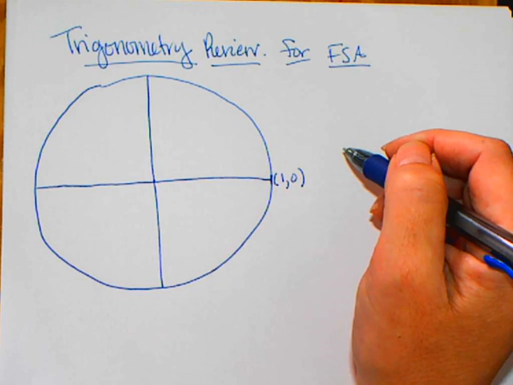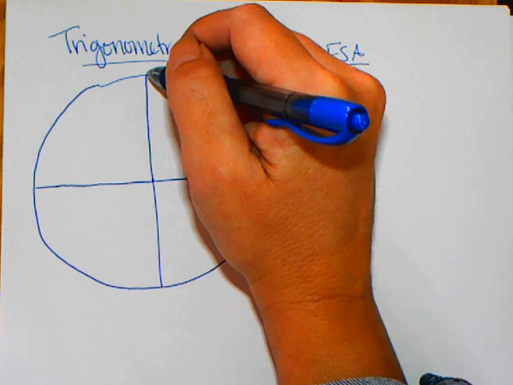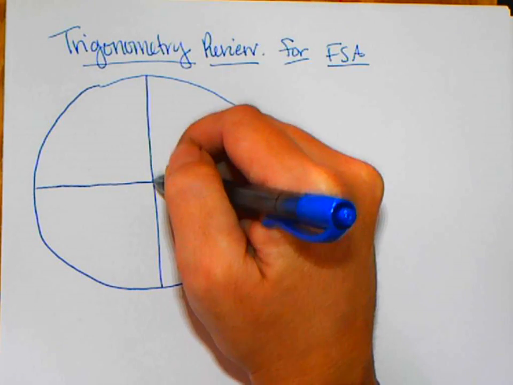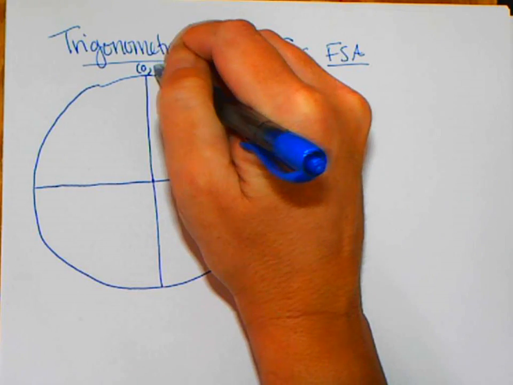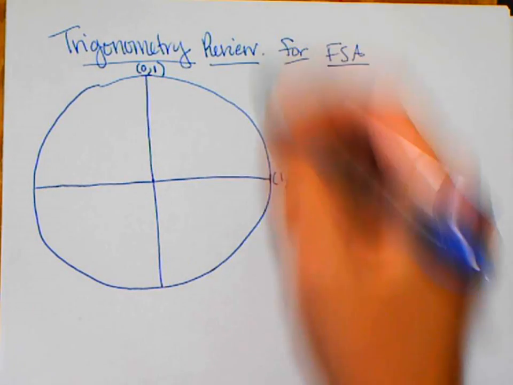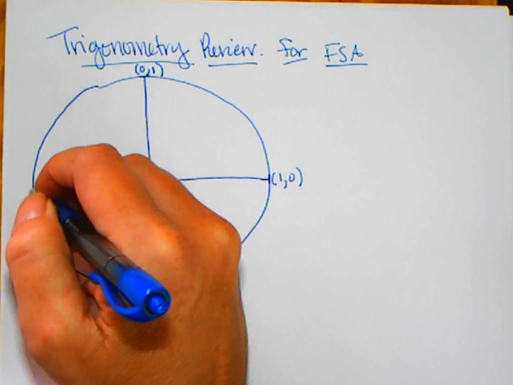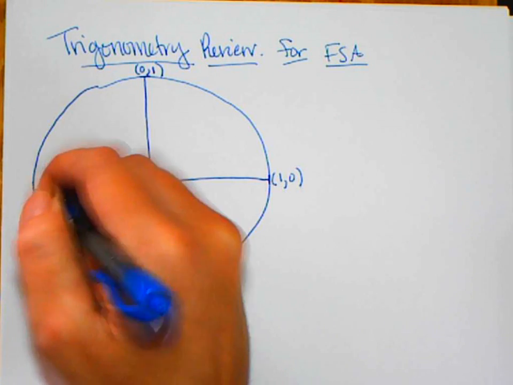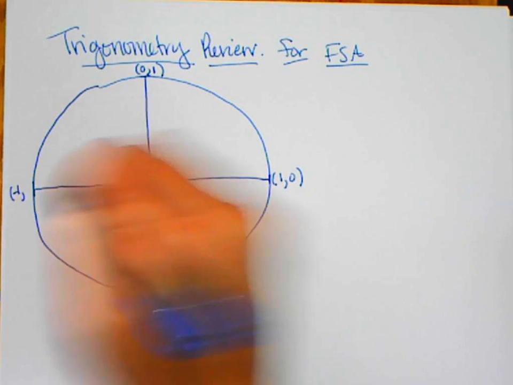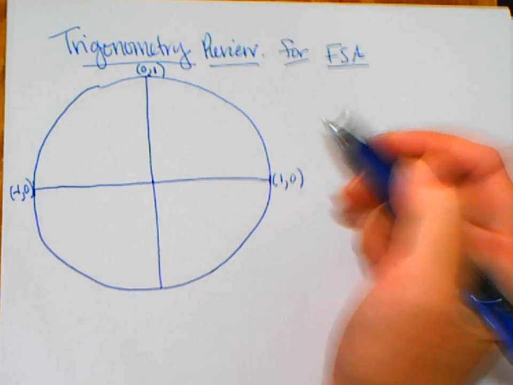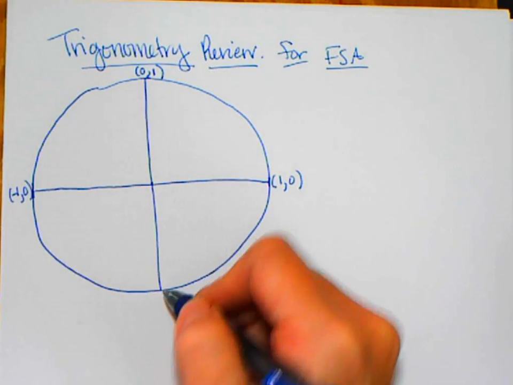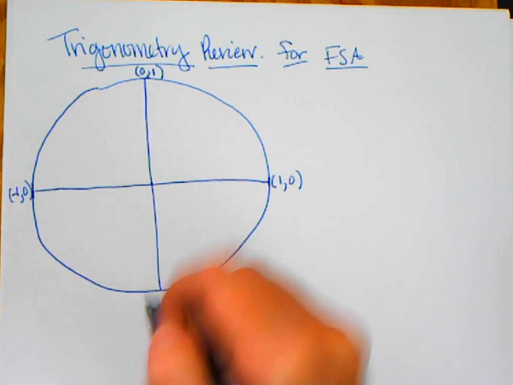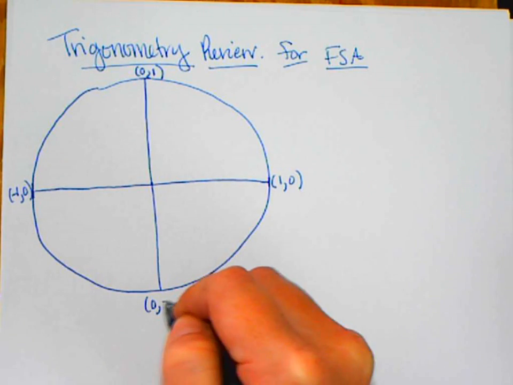So that's an easy ordered pair to find. At your 90-degree angle, that has an X value of 0 and a Y value of 1. At your 180-degree angle, your X is -1, your Y is 0. And at your 270-degree angle, your X is 0 and your Y is -1.